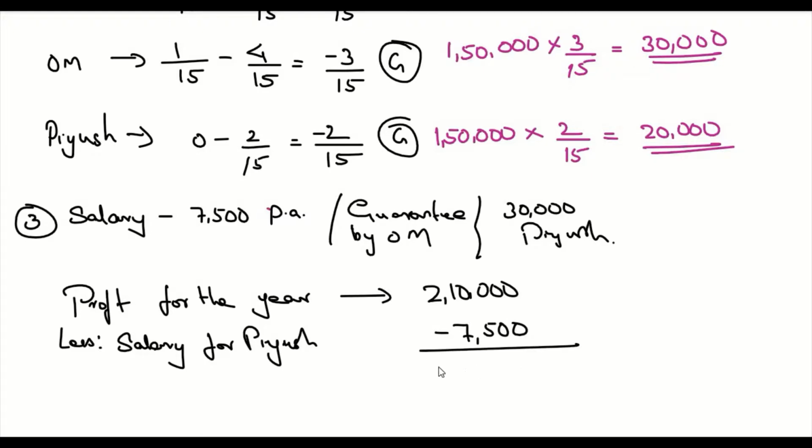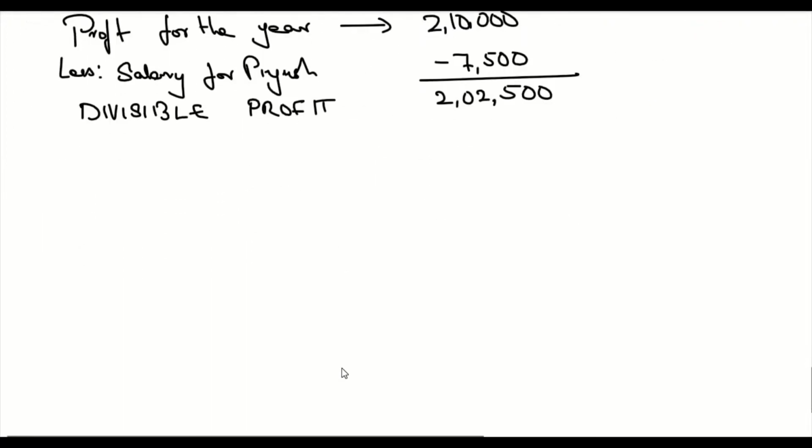So the divisible profit is 2,02,500. That is the divisible profit. Now we have to divide this profit among the partners of the firm in their new profit sharing ratio. So we got the divisible profit. This we are going to divide among the partners.